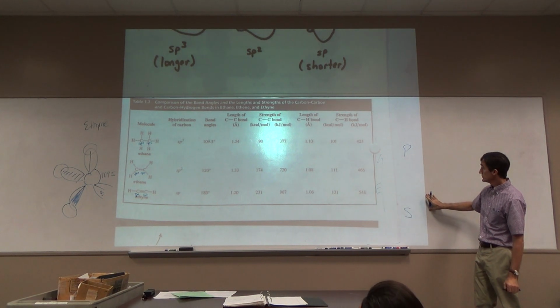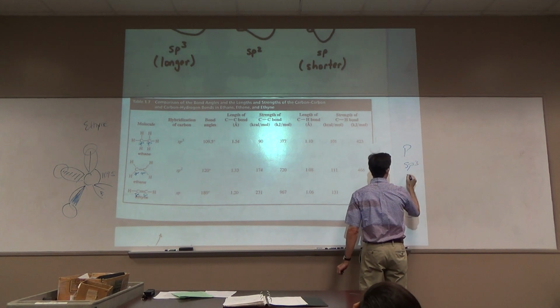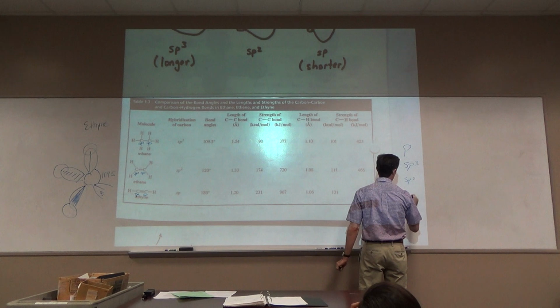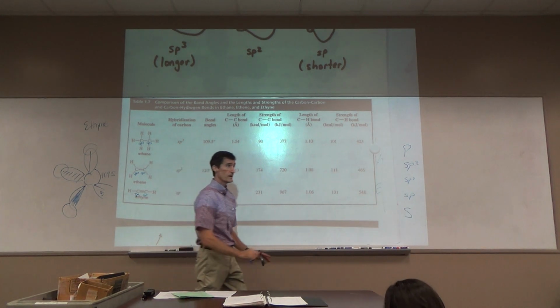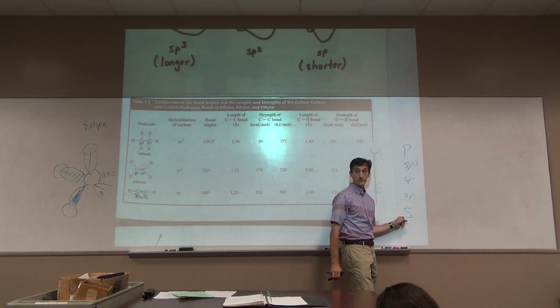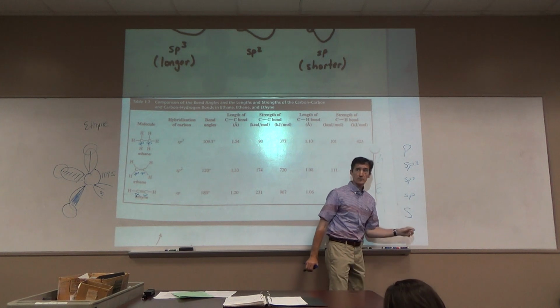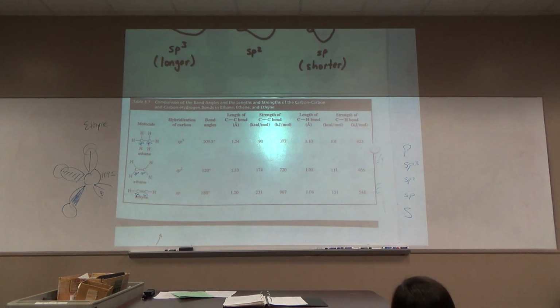So where would an sp3, sp2, sp fall in energy? The more s character, the more it's going to look like s, not only in length and shape, but also in energy. More stable, and a more stable orbital is going to make a stronger bond, because the electrons are in a more stable orbital.